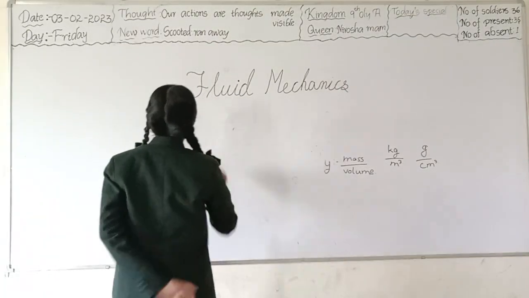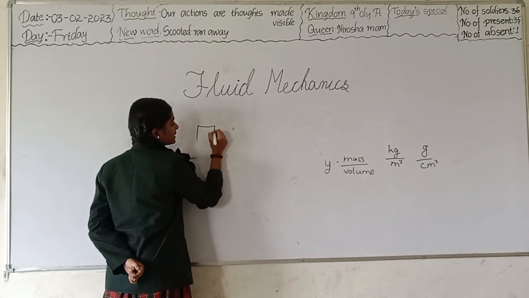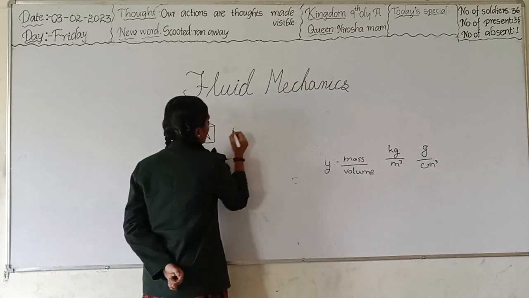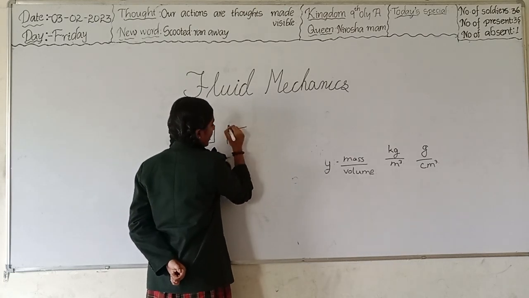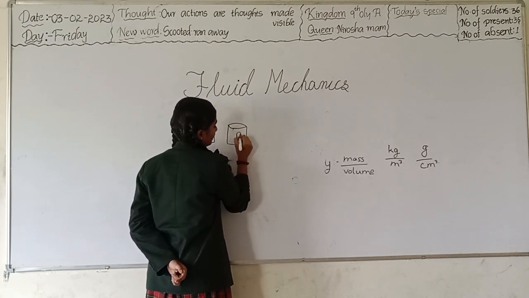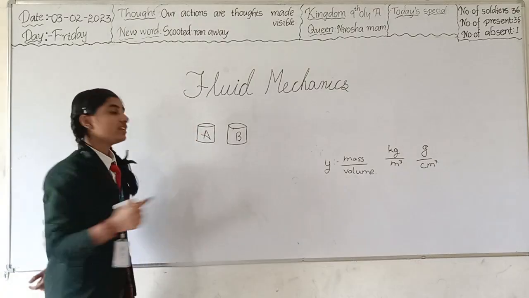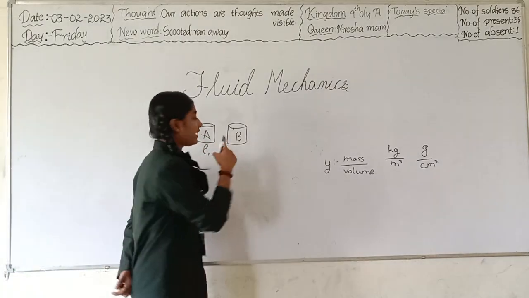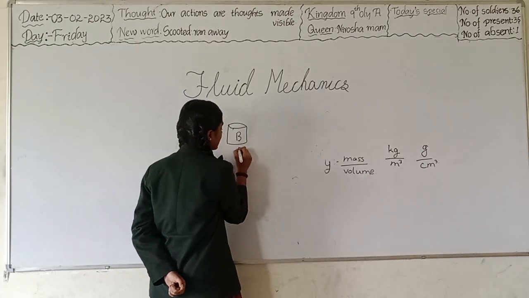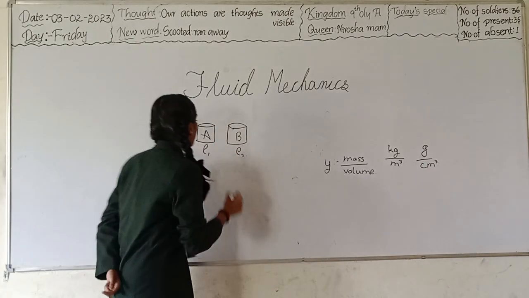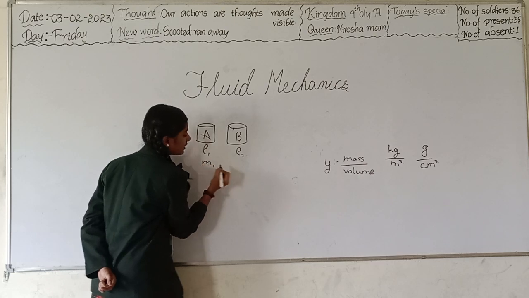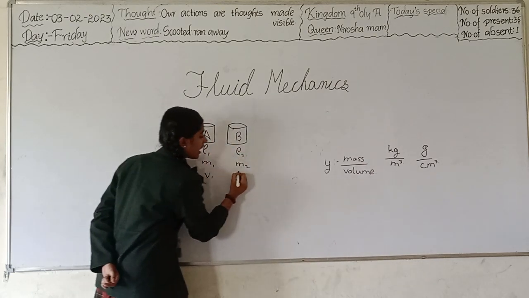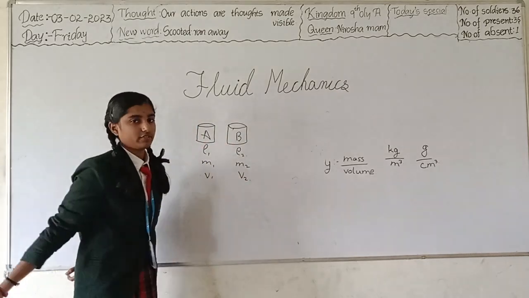For example, we have two substances called A and B. The density of substance A is taken as rho 1 and the density of substance B is taken as rho 2. The masses are M1, M2, and the volumes V1 and V2 respectively.